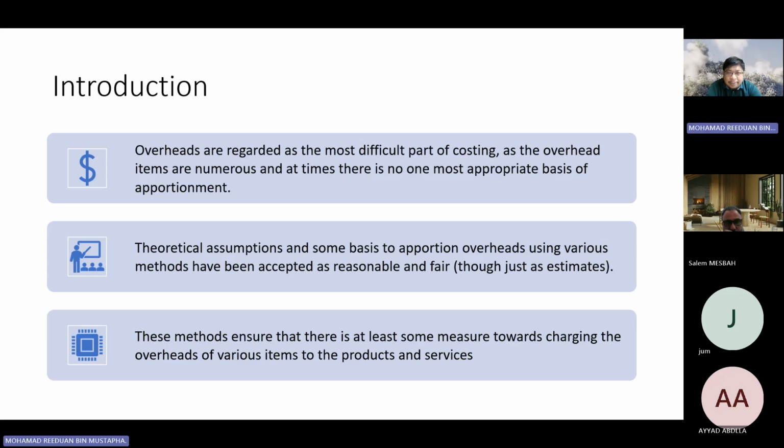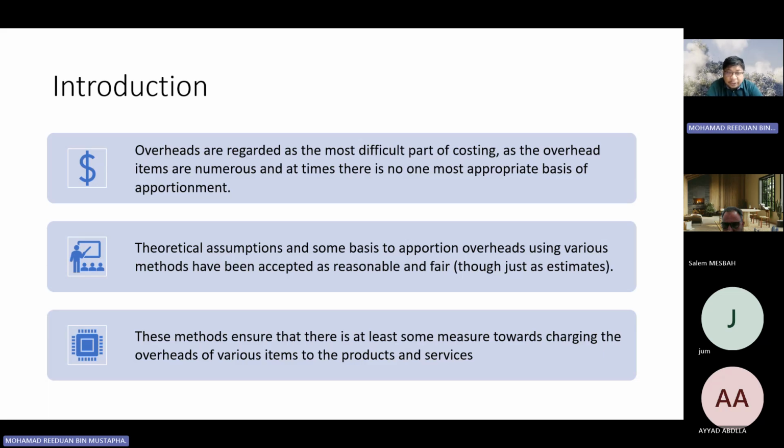But the most common method, whether you are a small or a big company, is that your costs need to be calculated based on activity, so that you can know how much your cost is for a particular product, for a single product. That's why you need to calculate per unit.